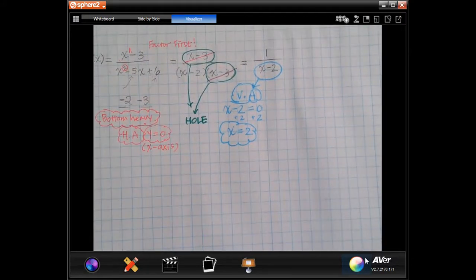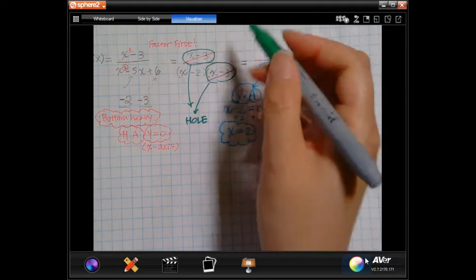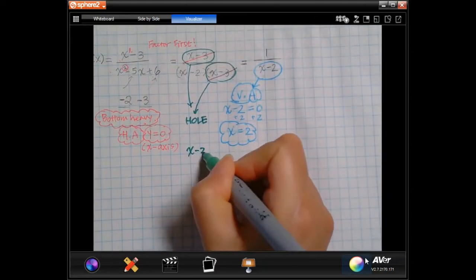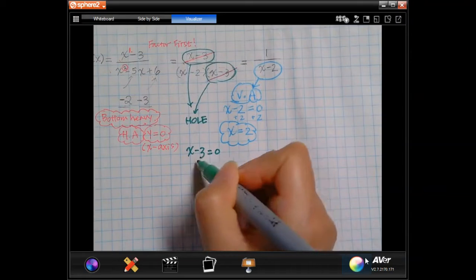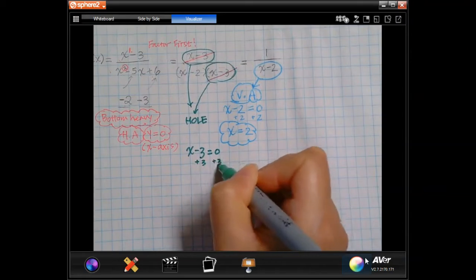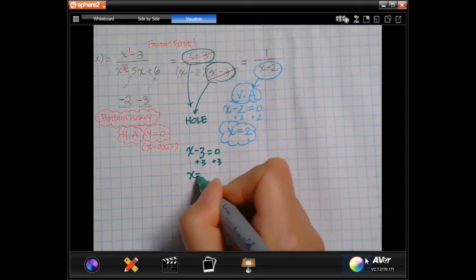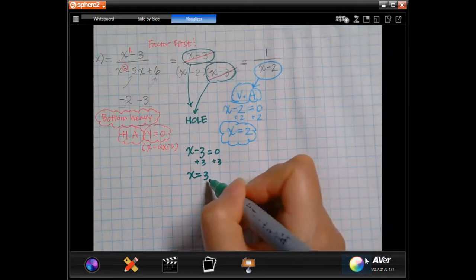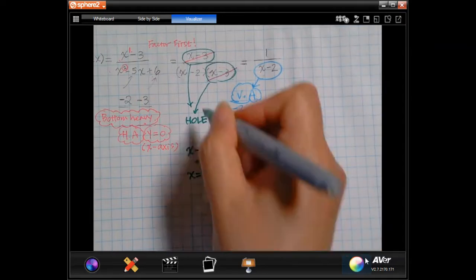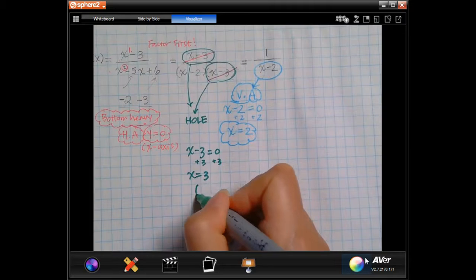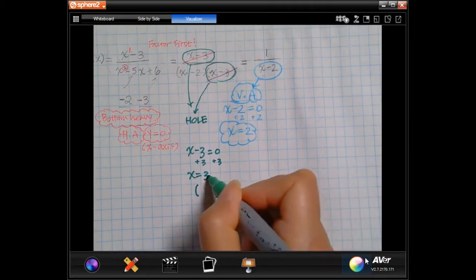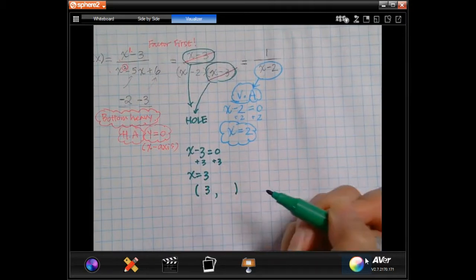So the factor that you canceled is x minus 3, and set it equal to 0. Then solve it as you normally do. Then x is 3. This is the x coordinate of the hole here. So now I can put 3 first.